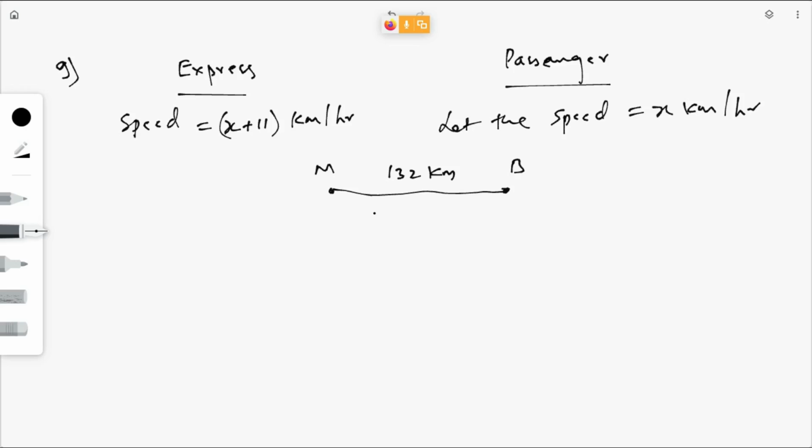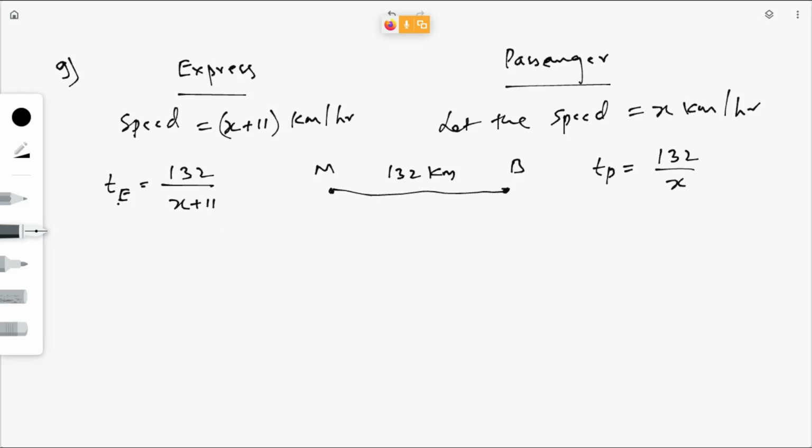Fine. Next, what is the time taken? Time taken by express train 132 by x plus 11. Distance by speed, again distance by speed, and time taken by the passenger train 132 by x. Yes or no? Any doubts? Any questions?